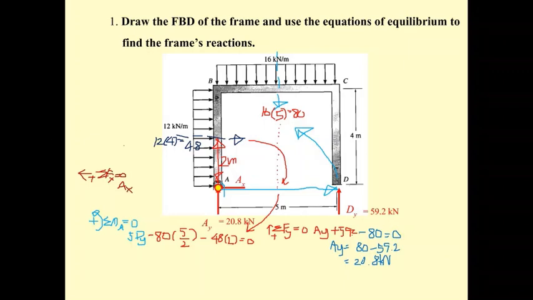The uniformly distributed load on segment AB takes the opposite direction. So A sub x is going to be 48 kilonewton, and all the forces are in equilibrium.